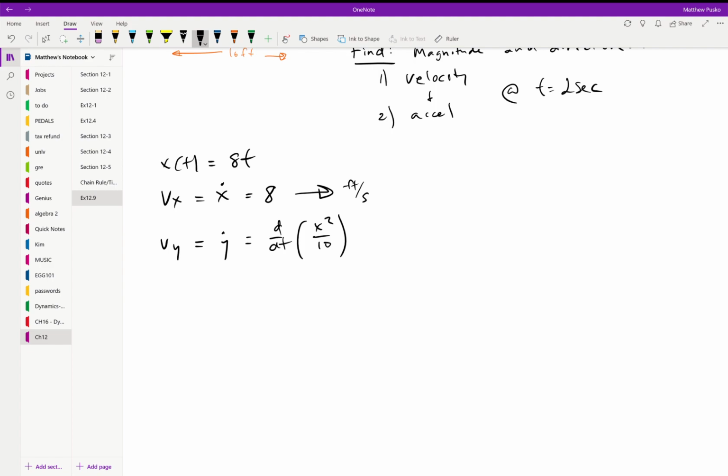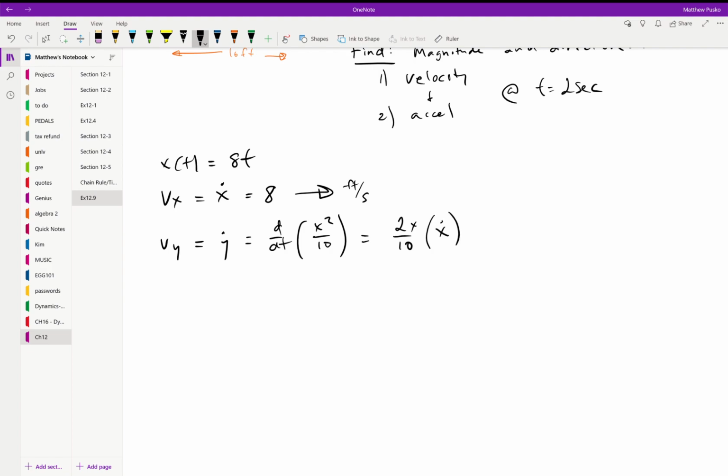If I take the derivative as normal, that would give me 2x over 10. And then we need to multiply that by x dot.